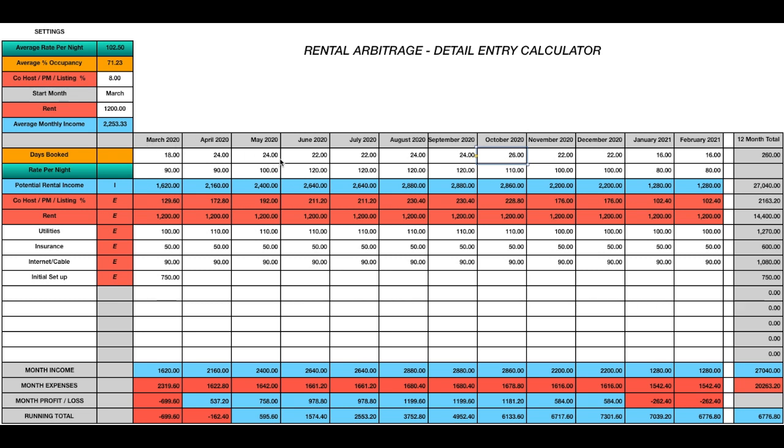Let's change some of the rates, so we'll do it on the same months. So for June I'm going to change it to 105, for July, in fact, we're going to do the same for August and September.